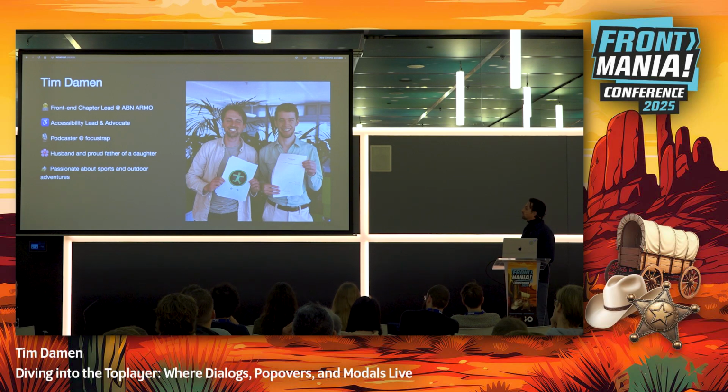So yeah, very happy about that. I also advocate a lot for accessibility internally, but also externally, with talks and a podcast that I host, Focus Trap, talking about digital accessibility and web development. I'm a husband, a proud father of a daughter, and when I'm not behind the laptop, I like to be outside to do some sports and adventures.